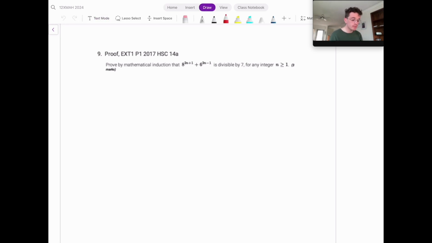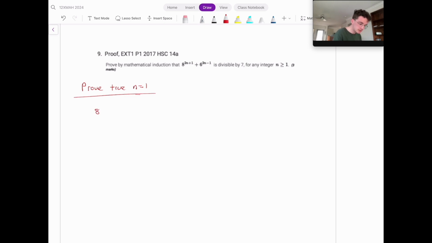So we've got prove by mathematical induction that 8 to the power of 2n plus 1 plus 6 to the power of 2n minus 1 is divisible by 7. So the first step we're going to do is prove true for n equals 1.